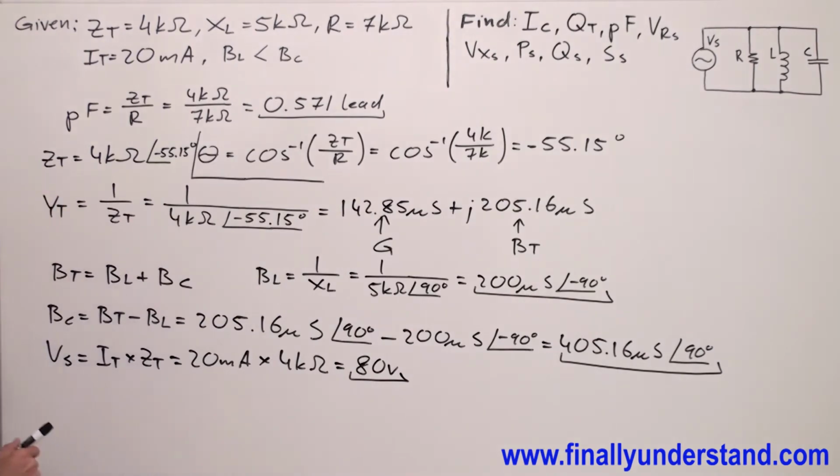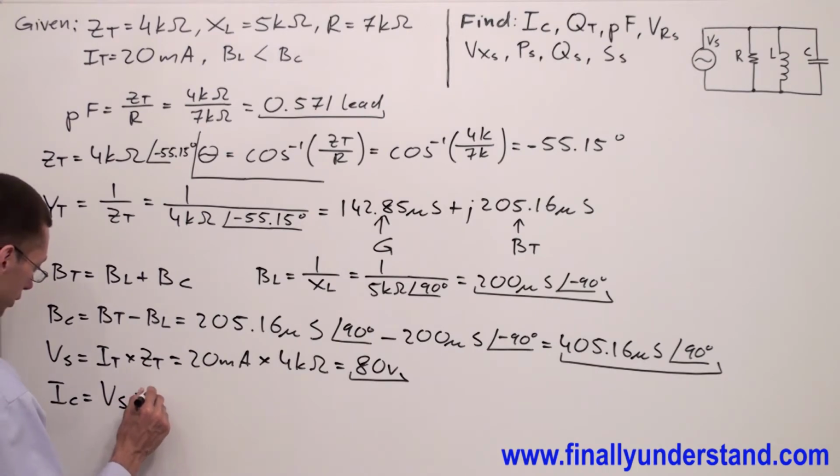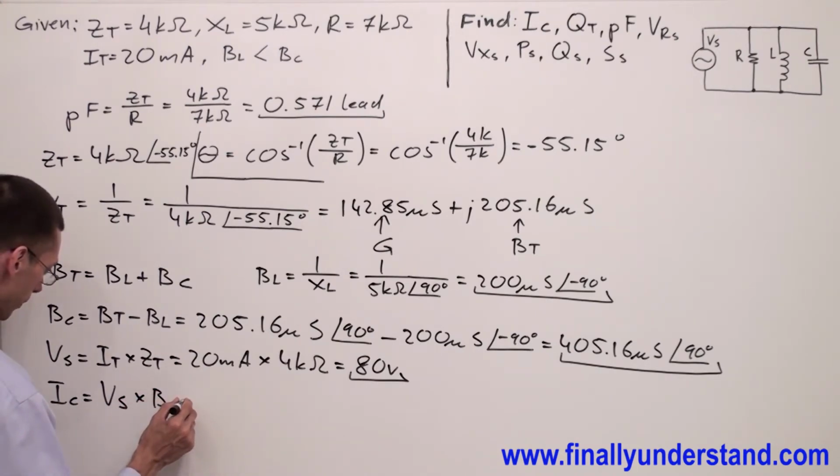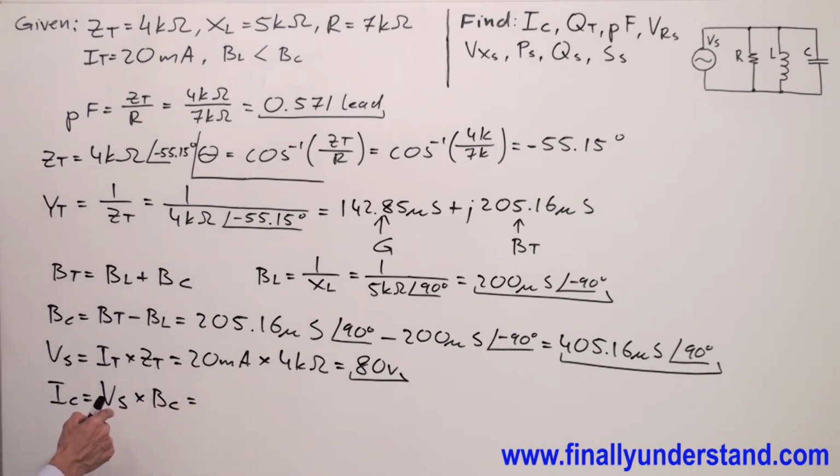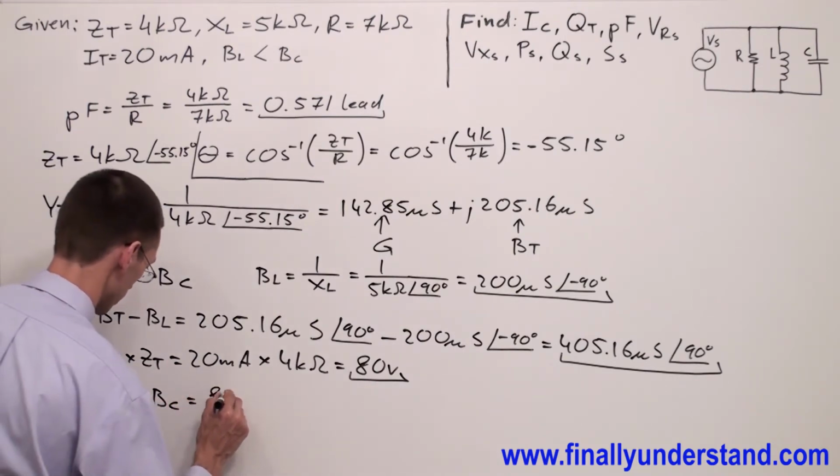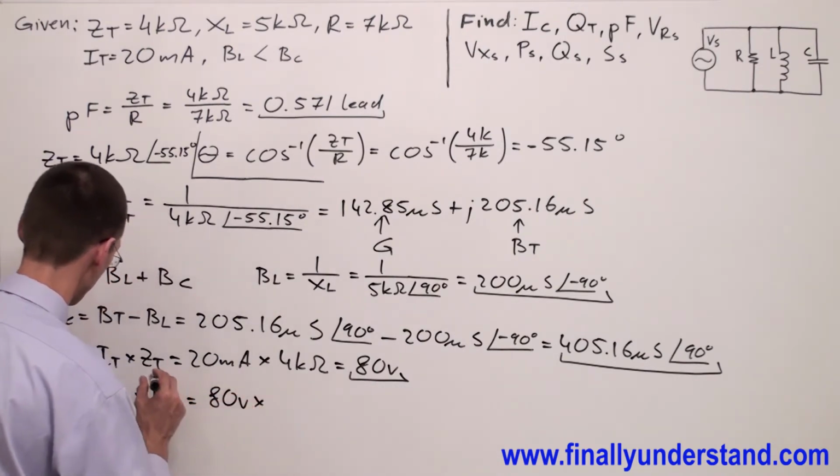Okay? 80 volts. So if I want to find the current which goes through the capacitor, IC is nothing else than voltage source times BC. This is Ohm's law. So this is equal to voltage source 80 volts times BC.